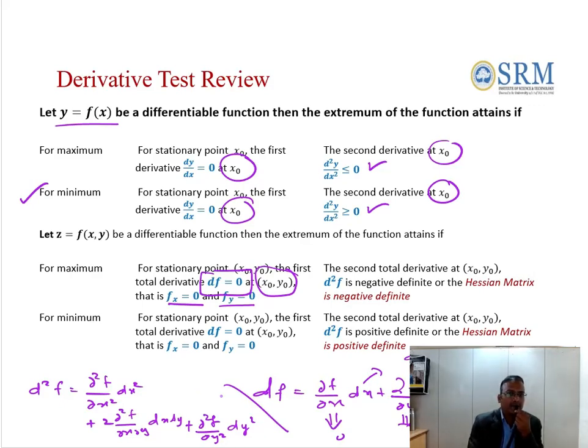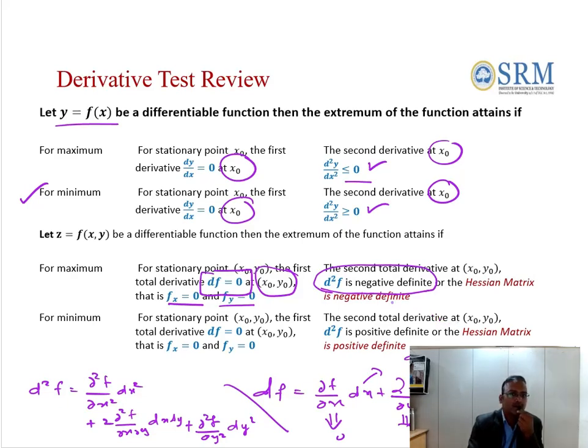So for maximum, you go for the second order total derivative. If the second order total derivative is negative definite, that is, negative, (in one variable calculus it is non-positive, but here in multivariable calculus it is negative definite) at the stationary point, then the function attains the maximum.